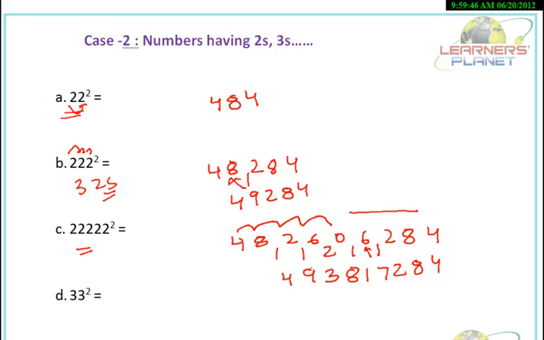So what is the square of 22222? It's 493817284.